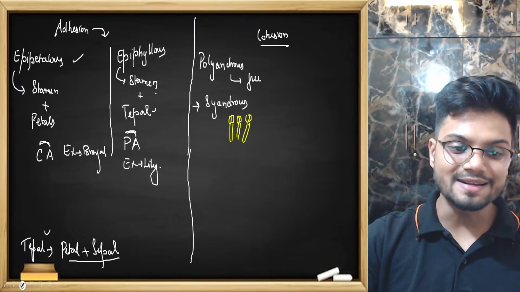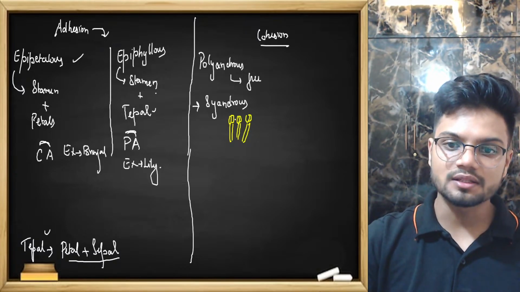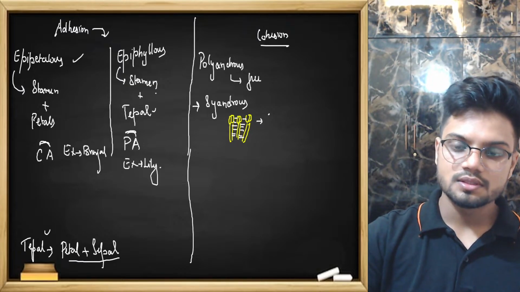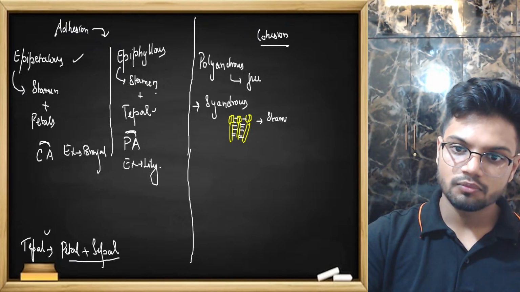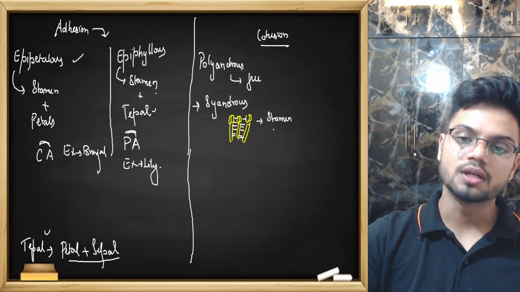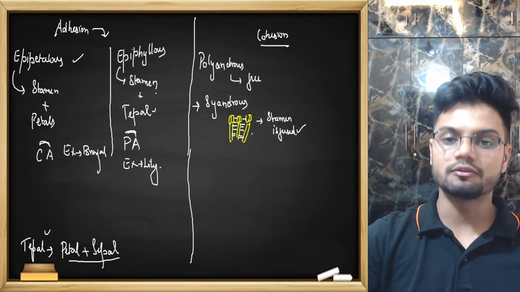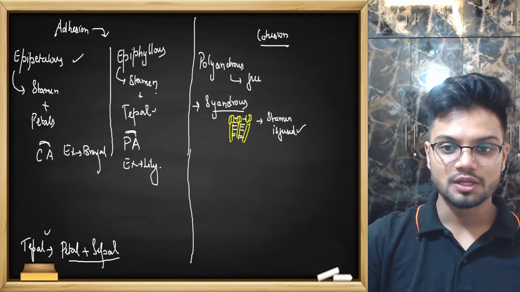The entire stamen, which includes anther and filament both, is fused completely. That is called synandrous condition.